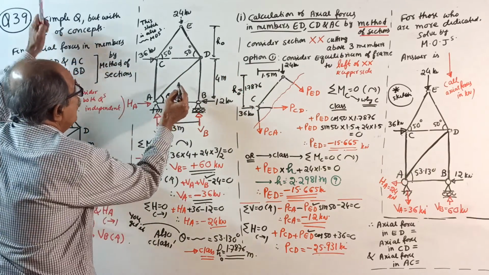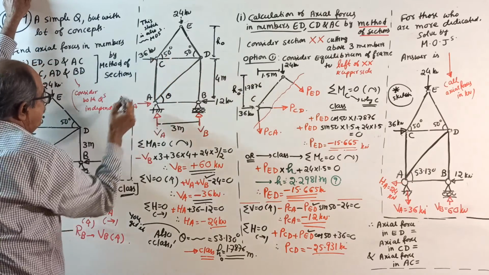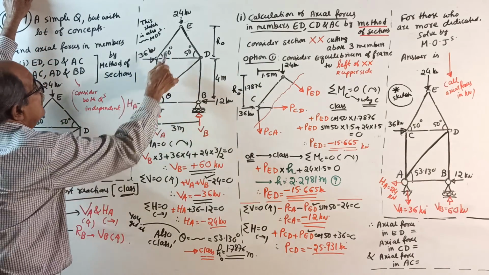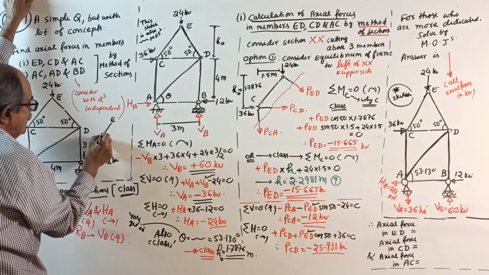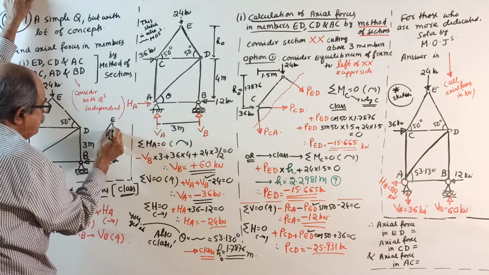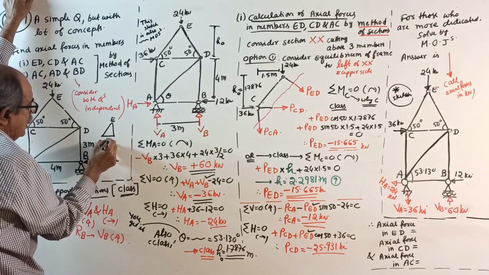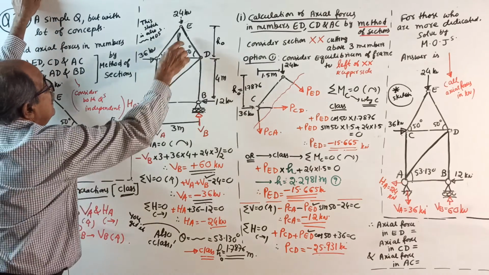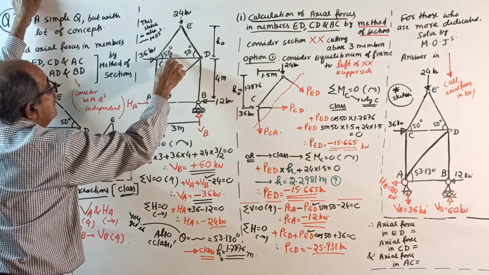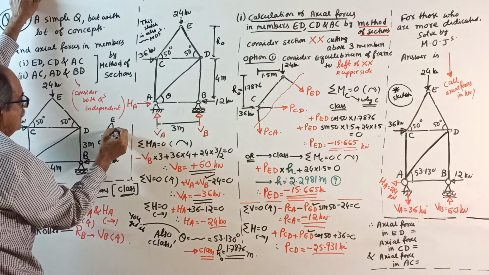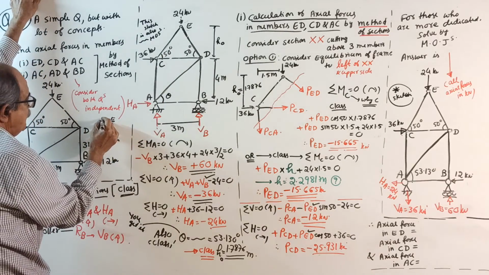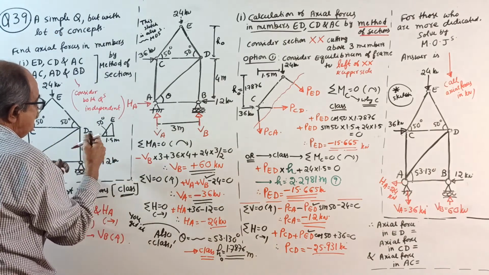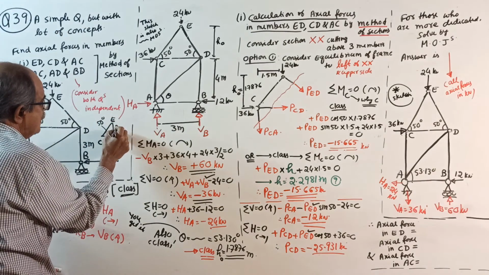I'll make a small note here. C point is here, this is E. Drop a perpendicular. This is 1.5 meter, and this is 50 degrees, and this is your h naught.